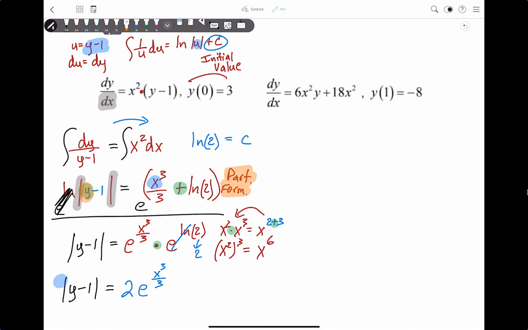Okay, so let's test this out. If I were to plug in 0 where x is at, 0 cubed is 0, divided by 3 is 0, e to the 0 is 1, and then we would multiply by 2. So we have a positive 2. So right now we have a positive 2 that we know that this could be a plus or a minus as far as when we simplify.